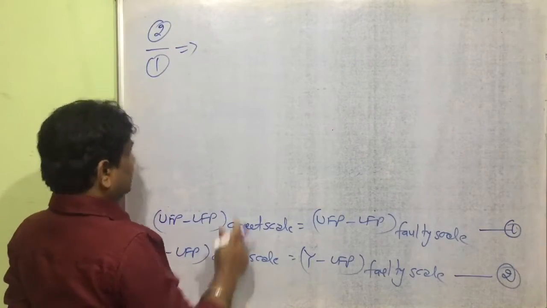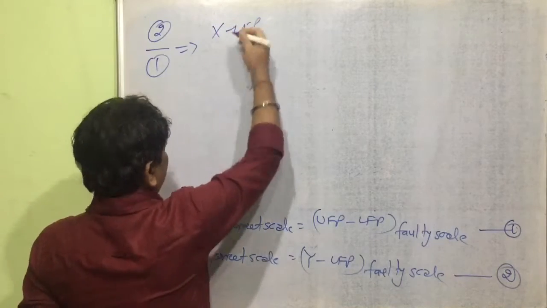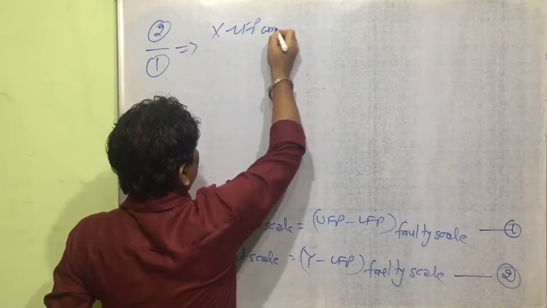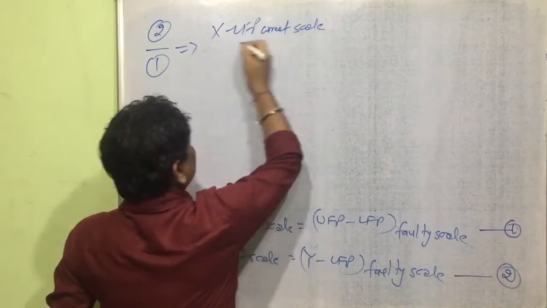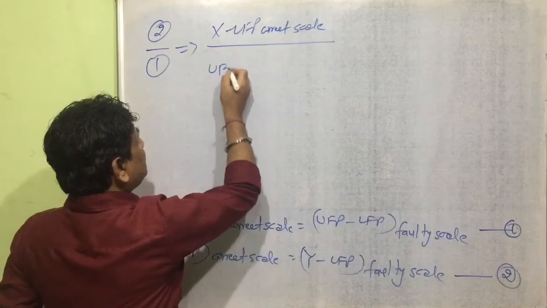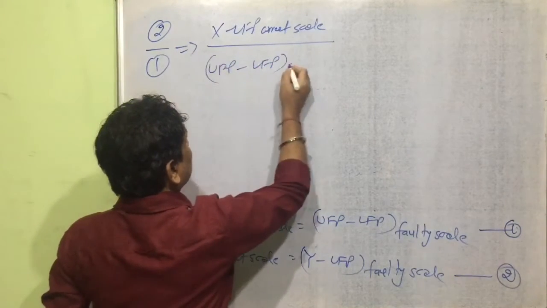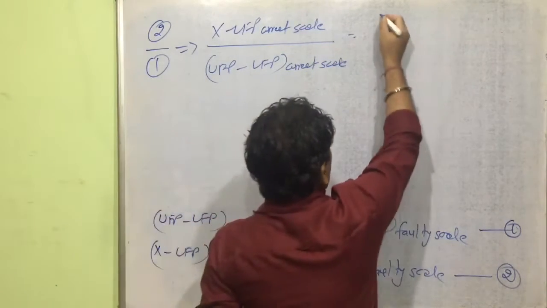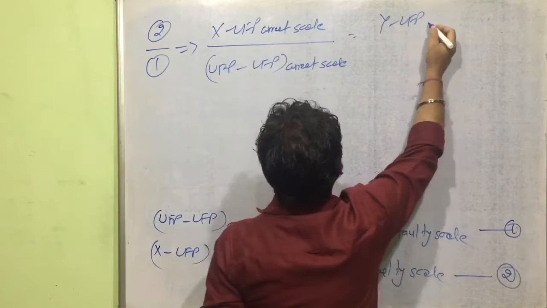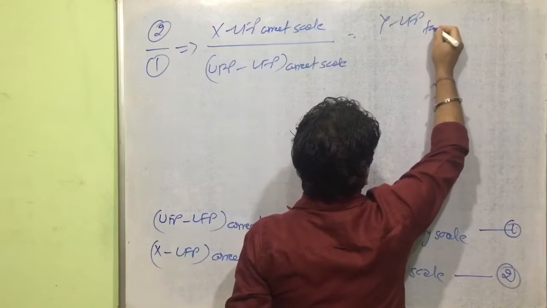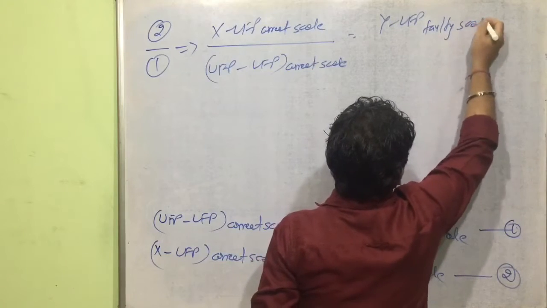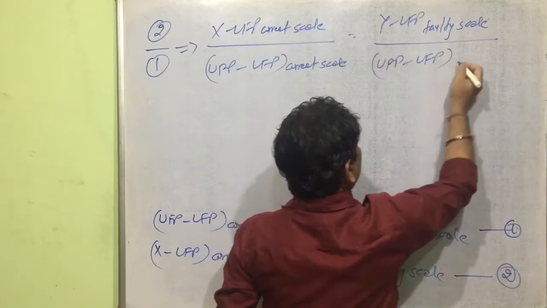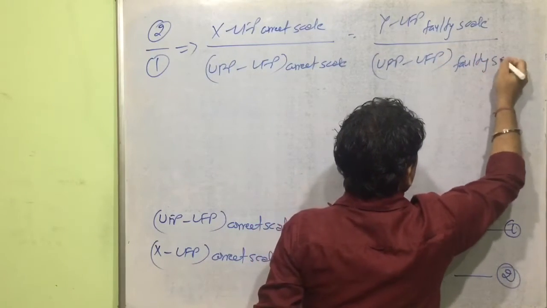What is 2 divided by 1? X minus lower fixed point on the correct scale, divided by upper fixed point minus lower fixed point on the correct scale, is equal to Y minus lower fixed point on the faulty scale, divided by upper fixed point minus lower fixed point on the faulty scale.